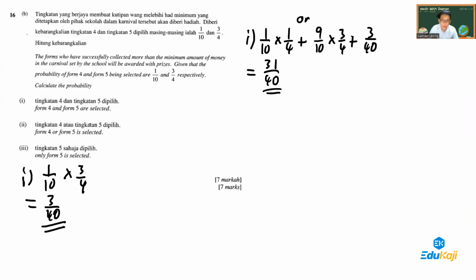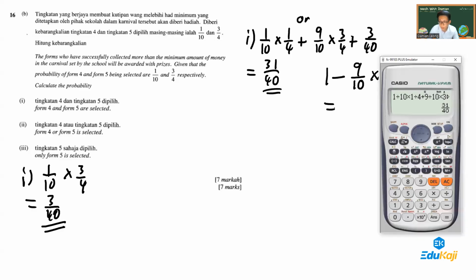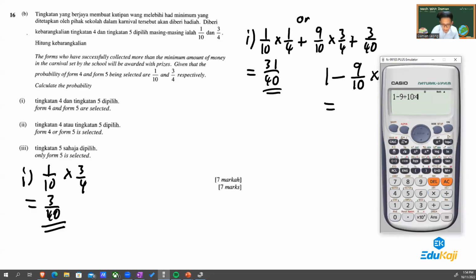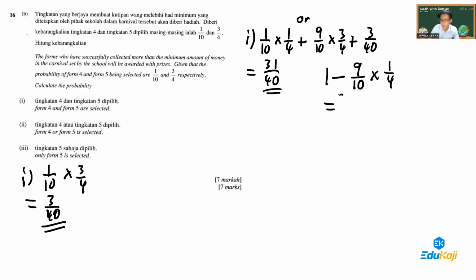The shorter way would be to use the complement. Form 4 or 5 selected can be Form 4 selected only, Form 5 selected only, or both selected. So the complement of that is both not selected. So I can also take 1 minus the probability where both are not selected. 1 minus 9 over 10 times 1 over 4. Form 4 not selected, Form 5 not selected. You see, also 31 over 40. So either one is fine. It doesn't matter which way you do it.